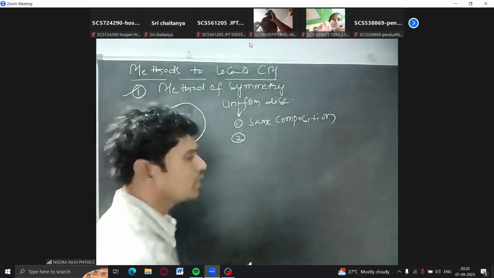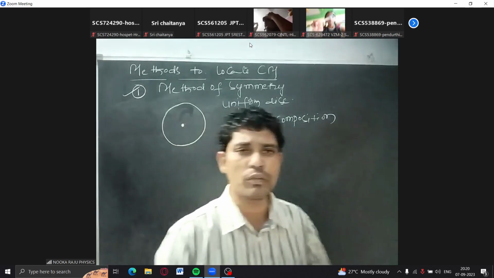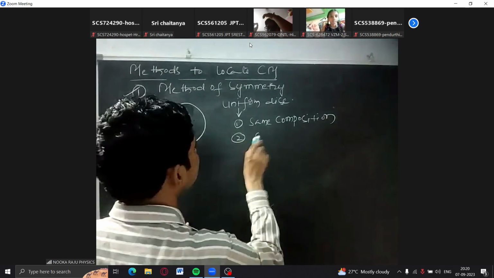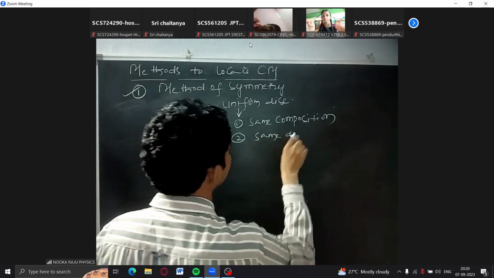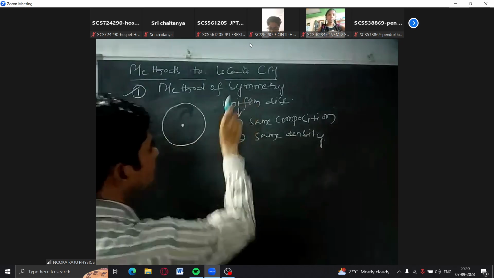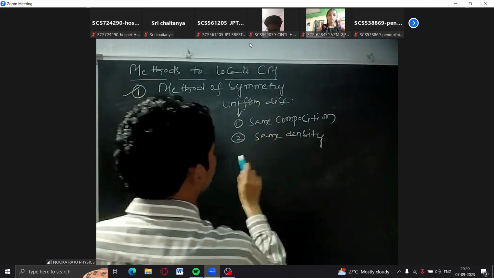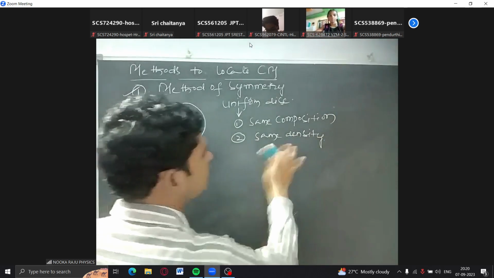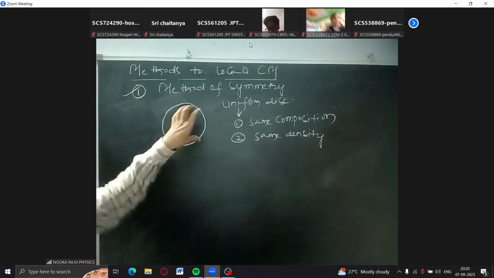In some bodies, we are discussing volume with respect to density. So it is a combination of same composition and same density. That's why this is called a uniform disk.